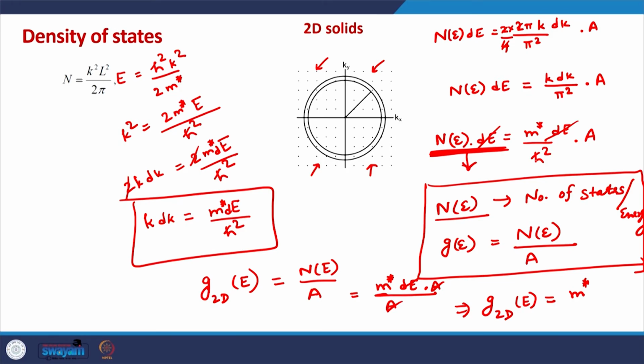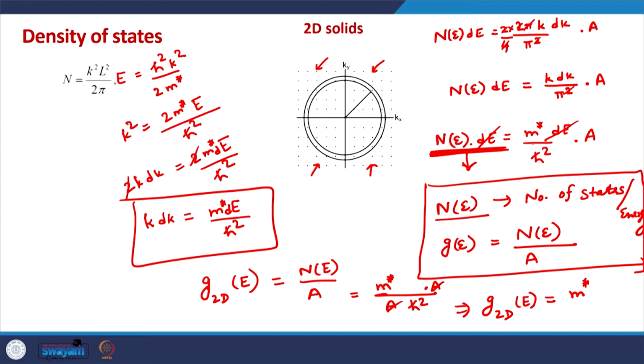So, what we are left with is m star divided by h bar square, and here we also had pi. So, k dk A divided by pi, and k dk is m star dE by h bar square.